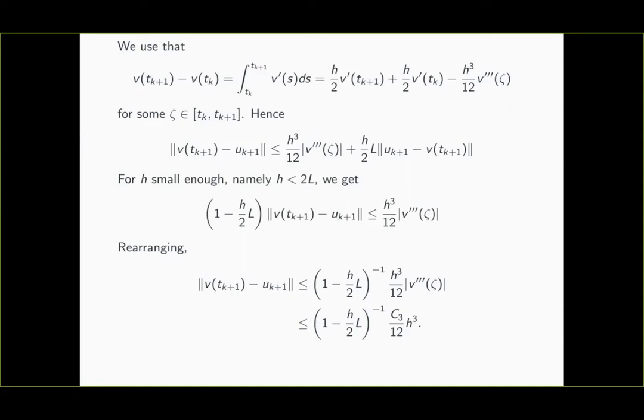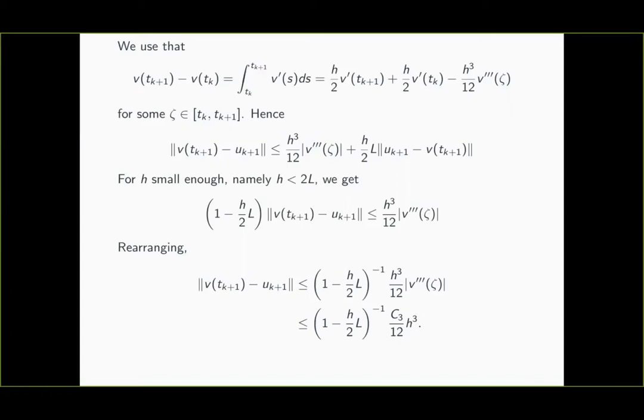Namely, it equals h over 2 times v' at time t_{k+1} plus h over 2 times v' at time t_k minus h cubed over 12 times v''' of zeta, where zeta is somewhere in the time interval from t_k up to t_{k+1}.